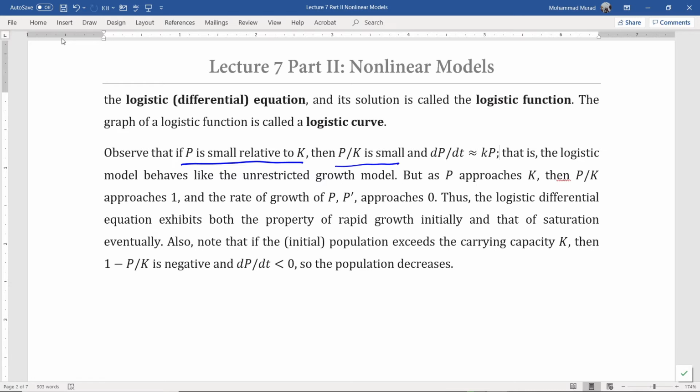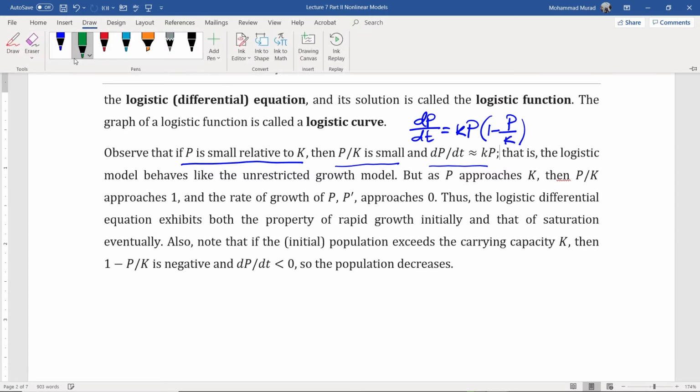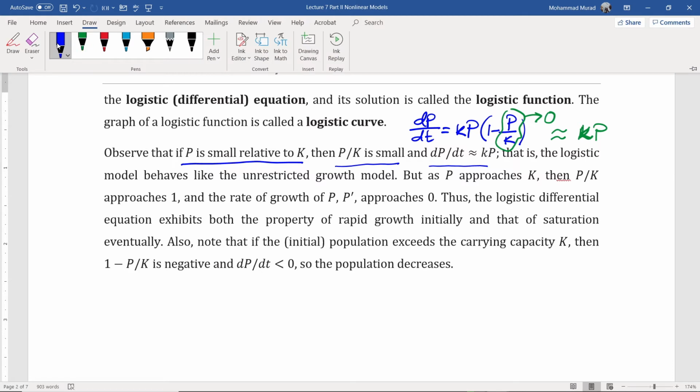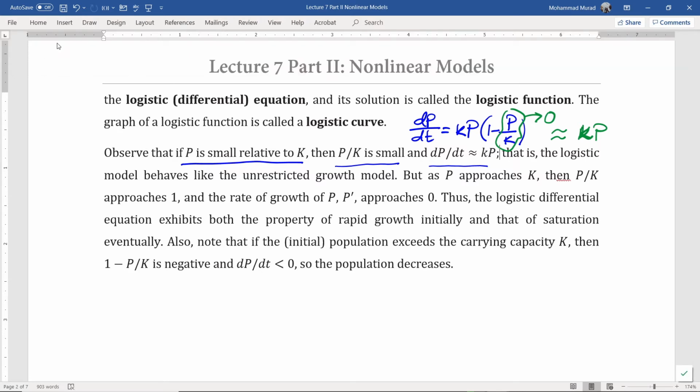Since dP/dt equals k times P times (1 minus P over K), if P is small relative to K, then this quantity is close to 0, so dP/dt is close to k times P. That is, the logistic model behaves like the unrestricted growth model.